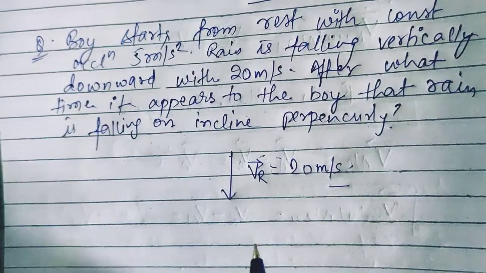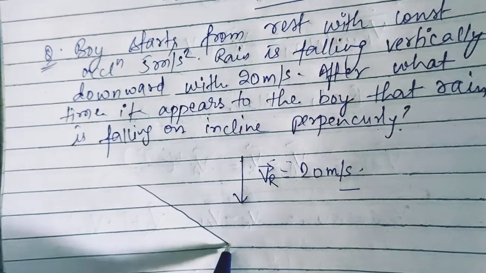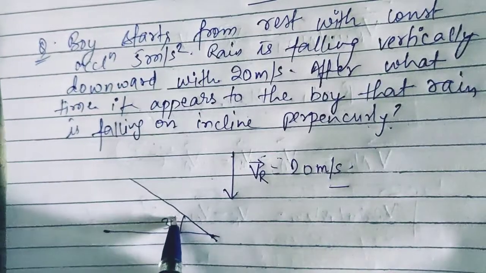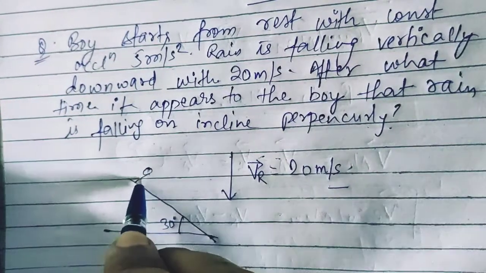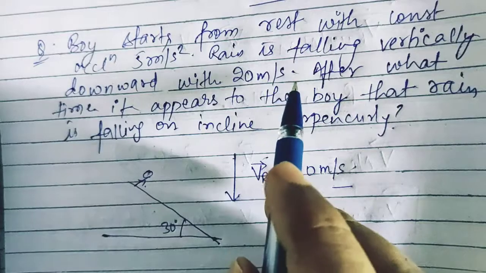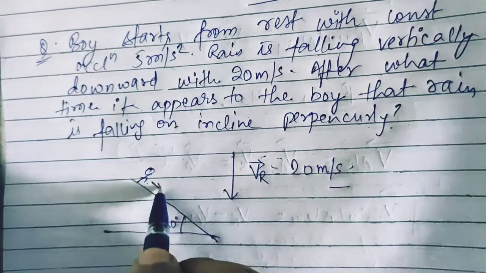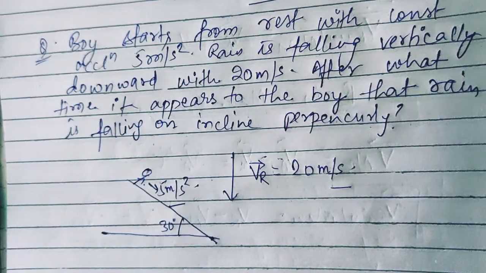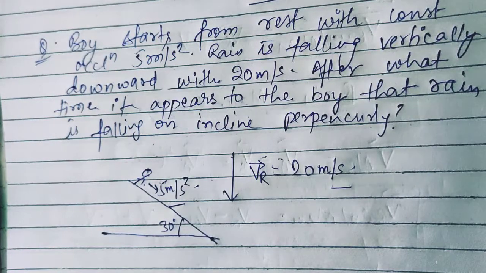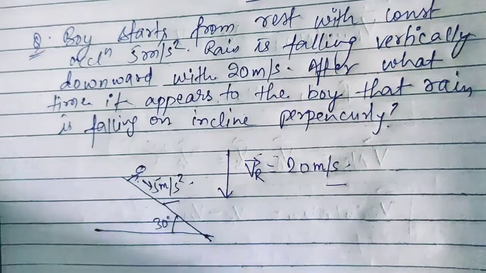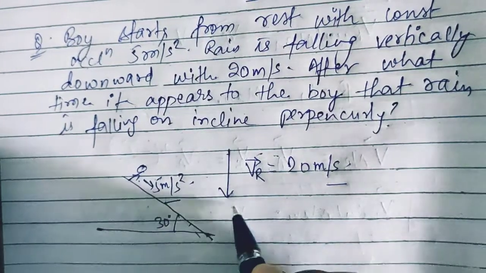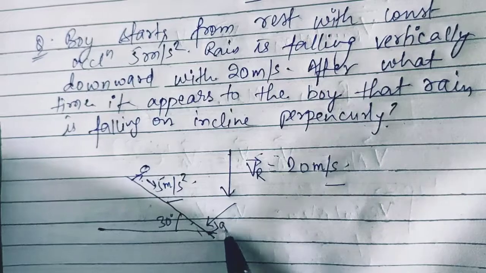The boy is walking on an inclined plane. This inclined plane is 30 degree, which is mentioned in the question, and the boy starts from rest with a constant acceleration of 5 meter per second square. You have to find after what time it appears to the boy that rain is falling on the incline perpendicularly. So we know the final result, that velocity of rain with respect to man should fall at 90 degree with this incline.